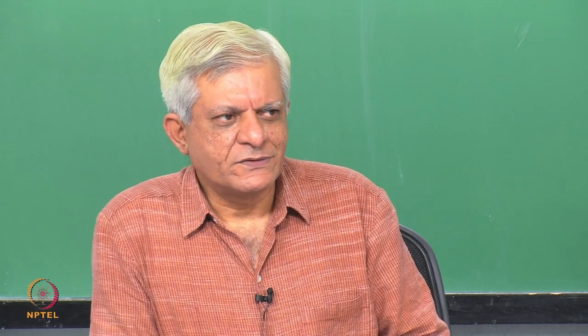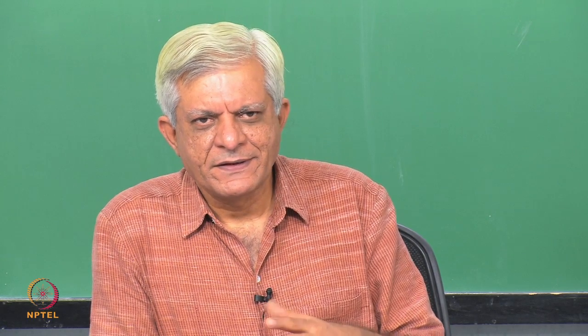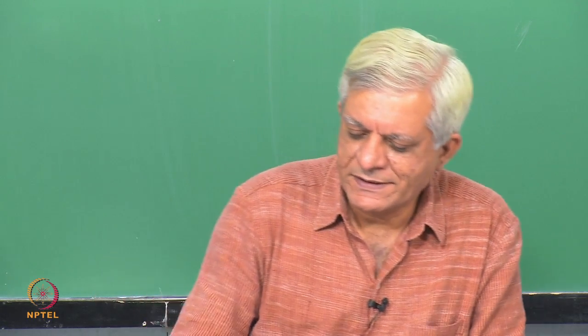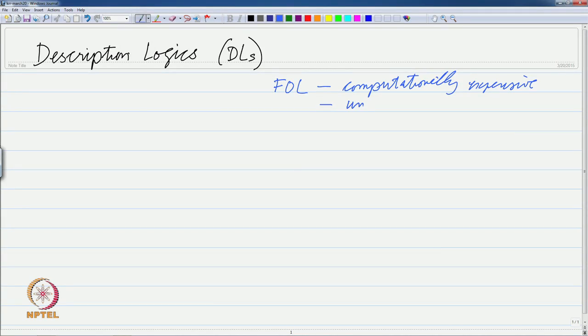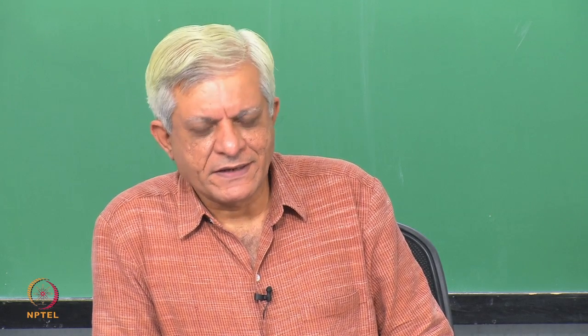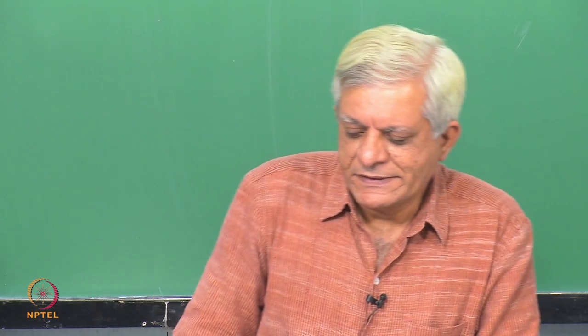So if you want to show that something entails something, you have to find a whole sequence. Not only is it computationally expensive, it is in fact undecidable, or as we said, semi decidable, in the sense that you can always build systems which will terminate if there is a proof, but if there is no proof, which means the formula you are talking about is not a valid formula, then it could go on forever, and there is no way of knowing whether it would terminate.